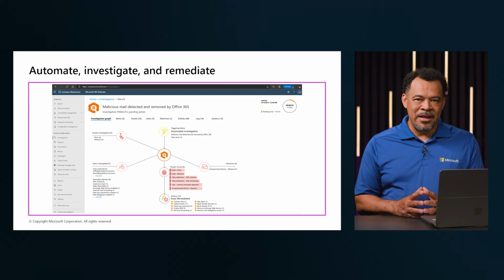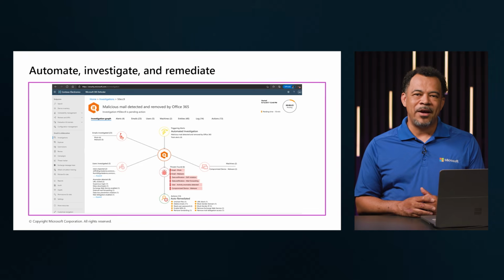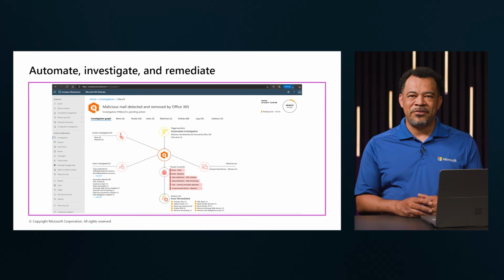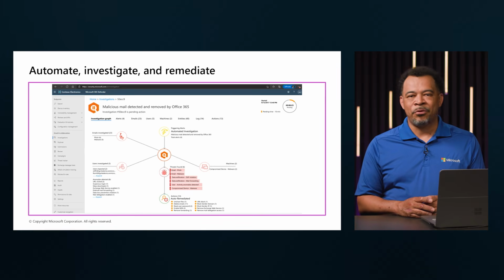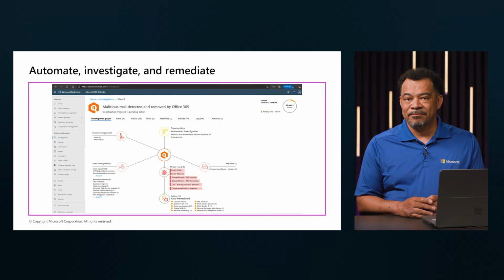If remediation is needed, AIR can automatically quarantine emails, isolate endpoints, or disable compromised user accounts. Security analysts can review the investigation results in the Microsoft 365 portal, where they can approve or override actions.